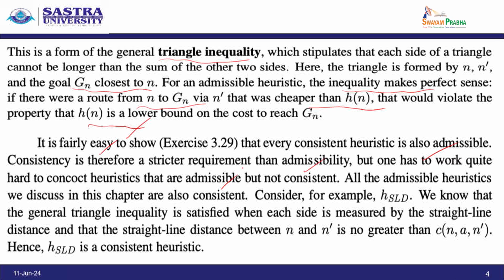For example, heuristic SLD: we know that the general triangular inequality is satisfied when each side is measured by the straight line distance, and the straight line distance between n and n dash is no greater than c of n, a, n dash. Hence, h suffix SLD is a consistent heuristic. So, this is most important for A star.